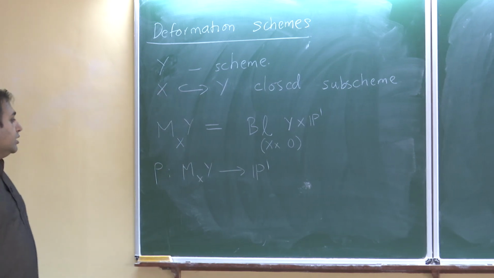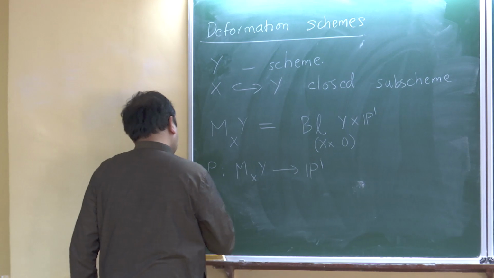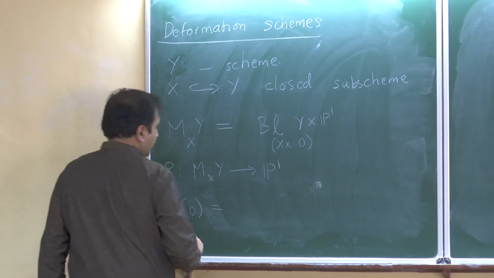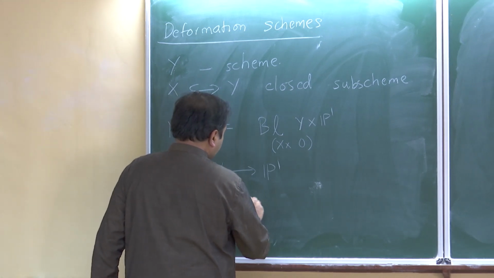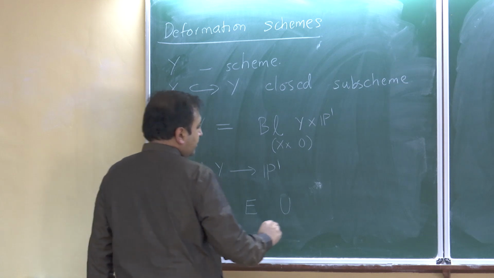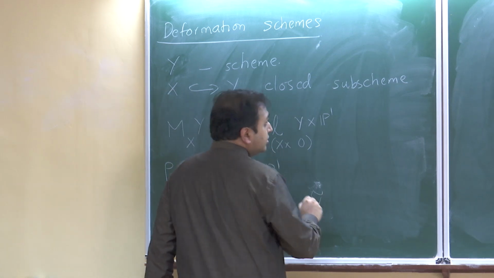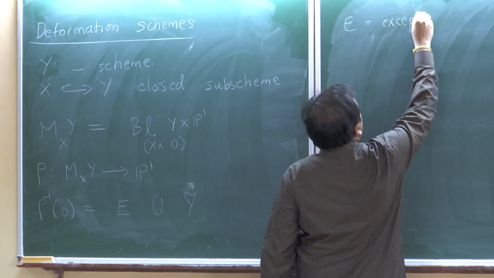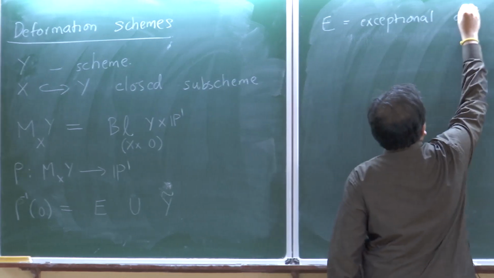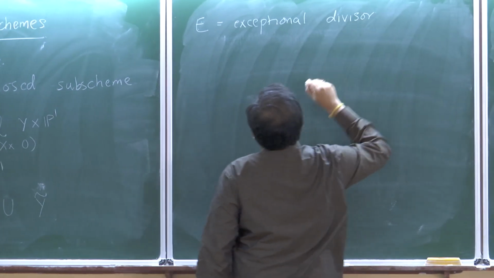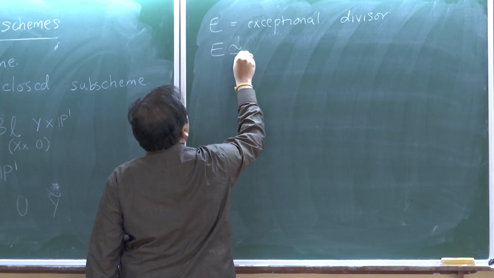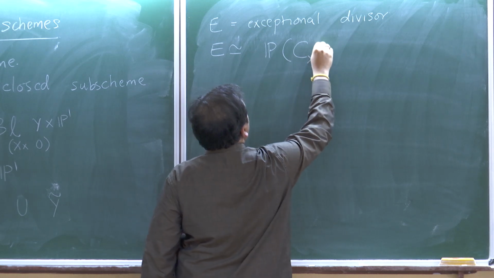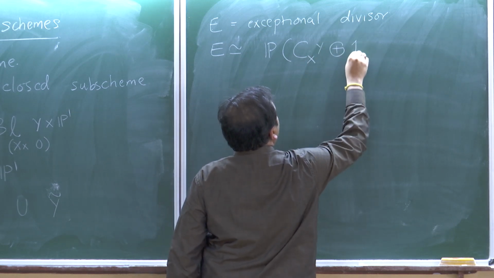Right? So then we saw that rho inverse of 0 is equal to the union of the exceptional divisor E and Y tilde. Here E is the exceptional divisor, and E is isomorphic to the projectivization of C_XY plus 1.